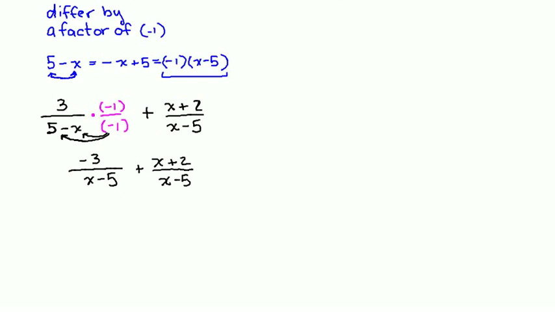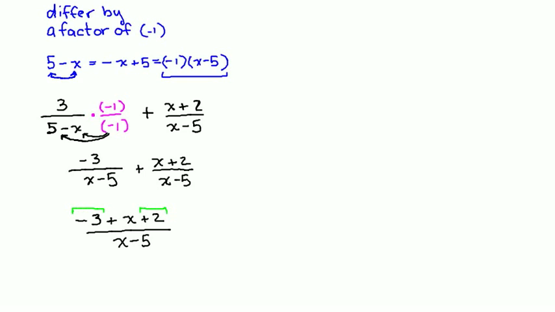Adding the numerators gives me -3 plus x plus 2 in the numerator, and x minus 5 in the denominator, and then I simply combine the like terms -3 and plus 2 to get -1 for those two terms.